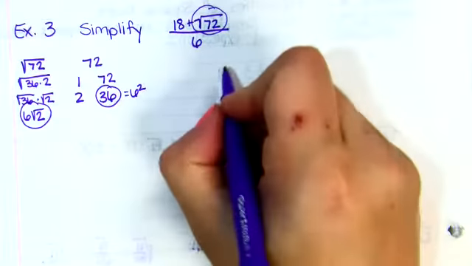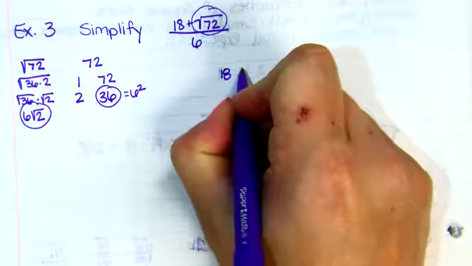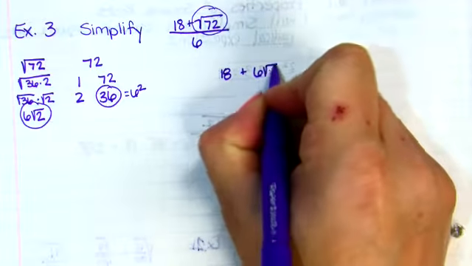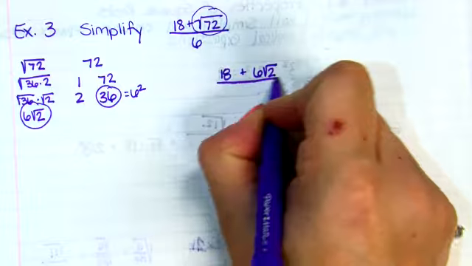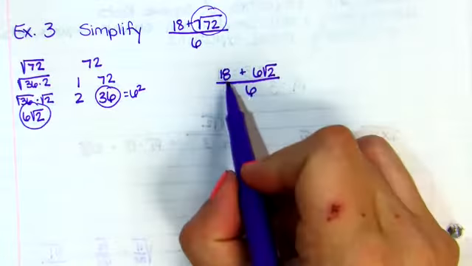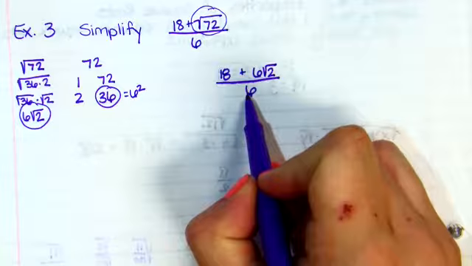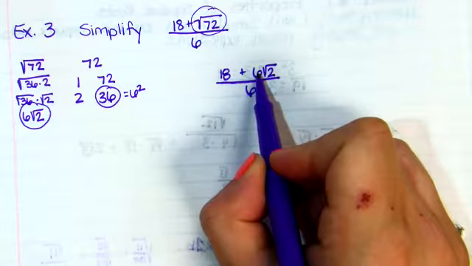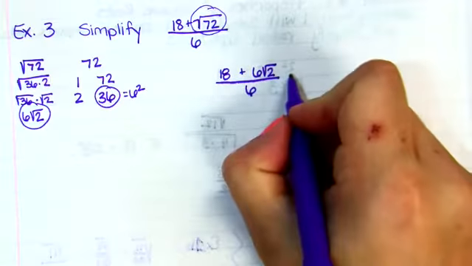Those are totally equivalent, it's just different ways of writing it. So this will be 18 plus 6 times the square root of 2, all divided by 6. And then when I look, I can see that 18 is divisible by 6, and 6 times the square root of 2 is divisible by 6.